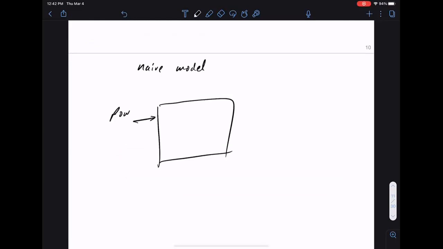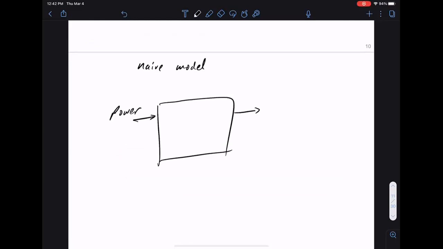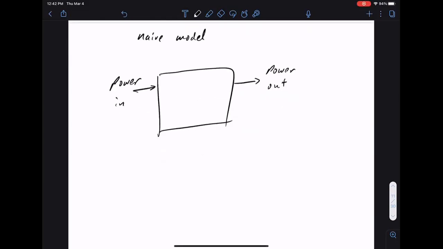We'll have power in, power out, and there's some finite capacity. So this is our naive way of typically thinking of storage: it's just a box to store power. Now, of course, there's some upper limit to how much energy this box can store. But otherwise, it's a box, sort of this perfect box.